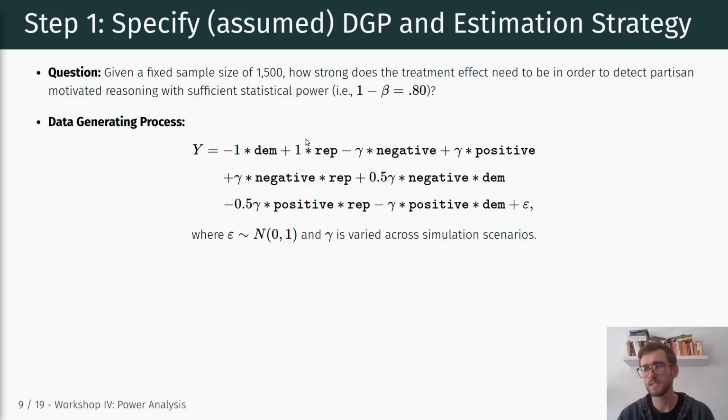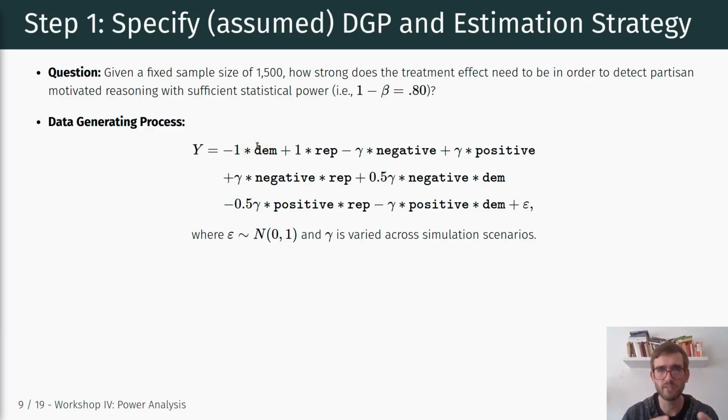Just in the beginning, since we're not really interested in the effect of partisanship itself, for simplicity we can assume that independents have an average evaluation of 0.